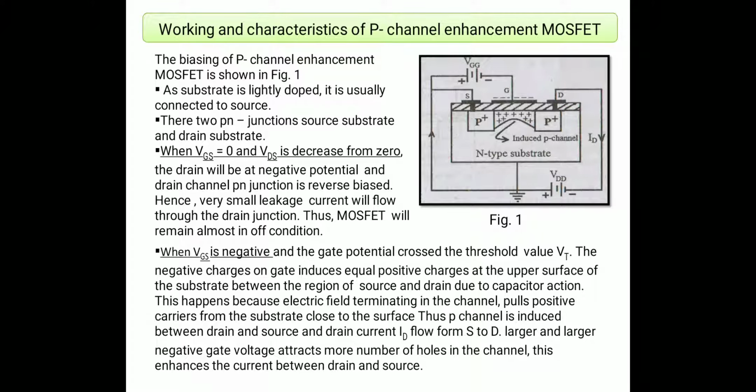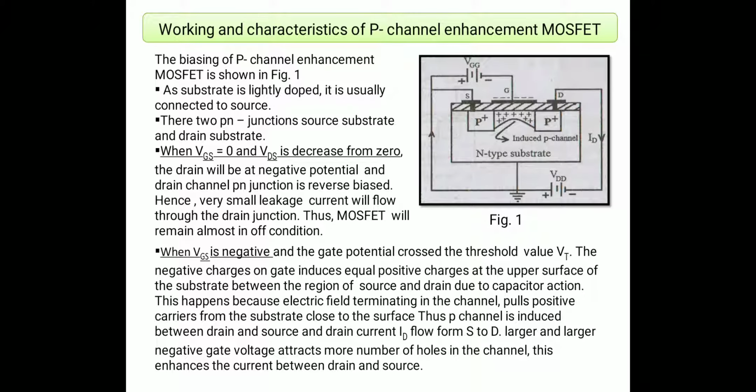Thus, induction of positive charges below the SiO2 layer in between drain and source will give rise to a P-type channel between drain and source, so that these positive charges, which are nothing but holes, will move from source to drain, because drain is maintained at negative potential. As the holes are moving from source to drain, drain current will also flow along the same direction from source to drain.